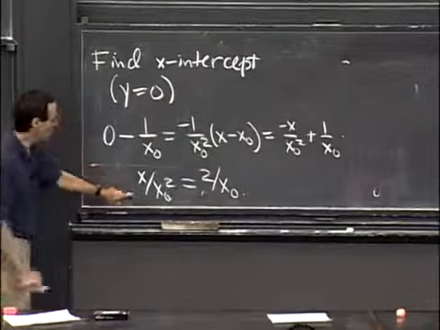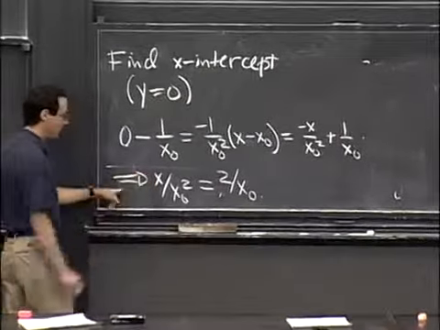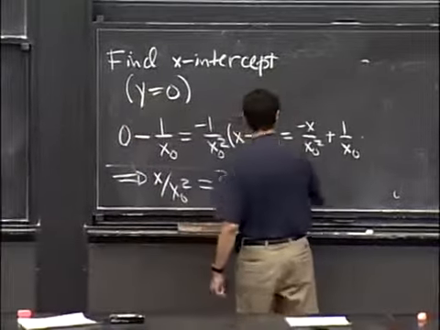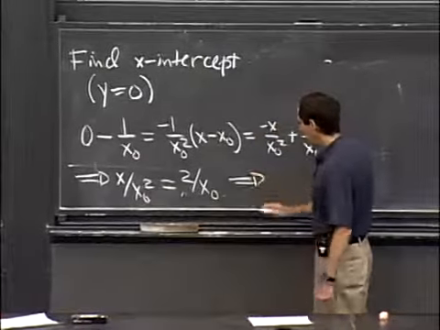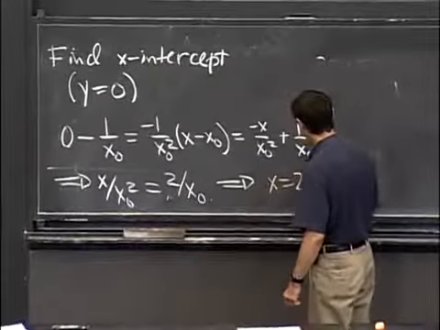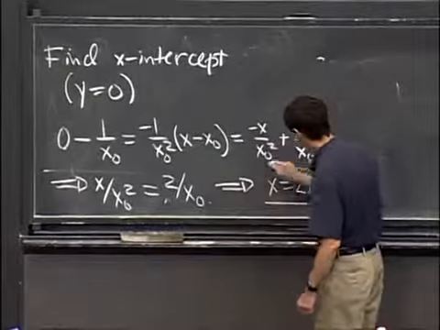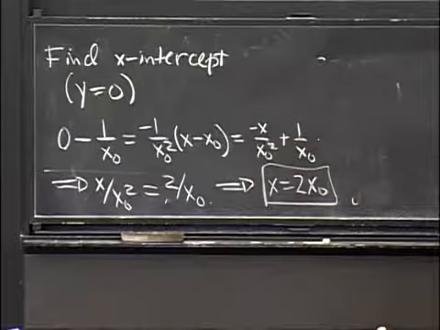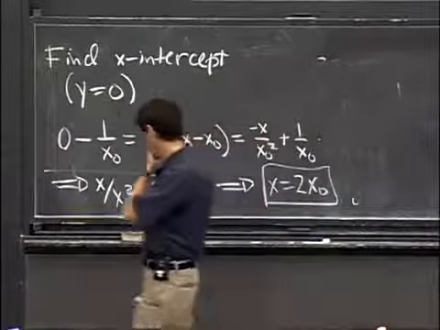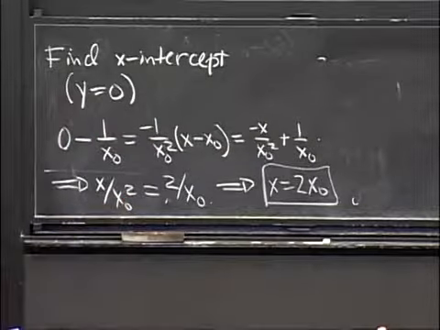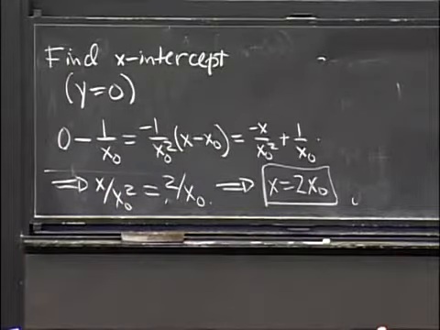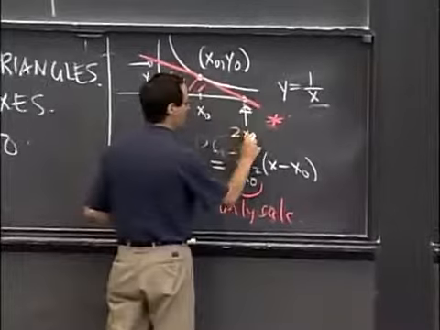And if I then multiply through, so that's what this implies, and if I multiply through by x0 squared, I get x is equal to 2x0. Okay? Okay, so I claim that this point we've just calculated, it's 2x0.